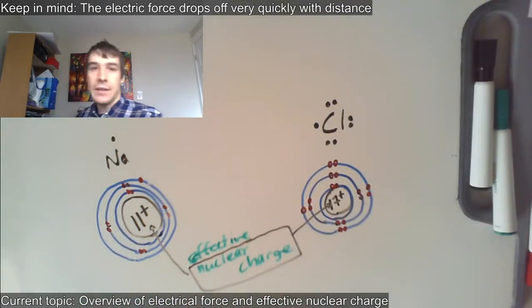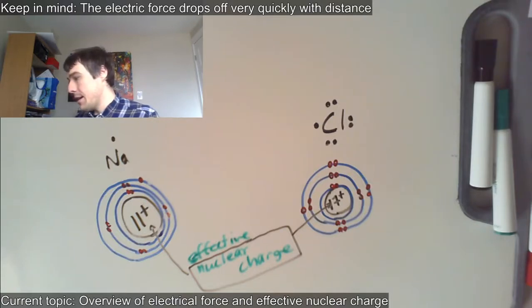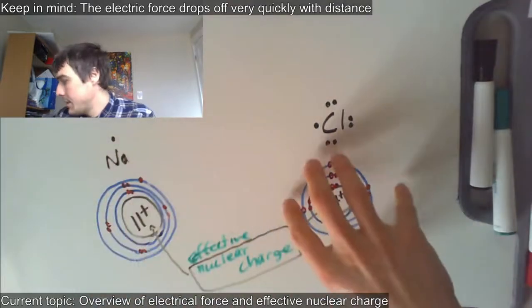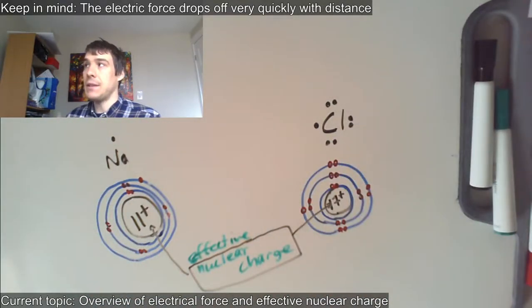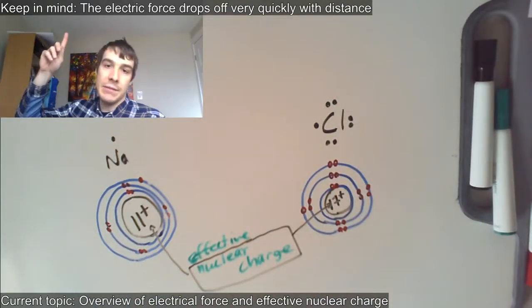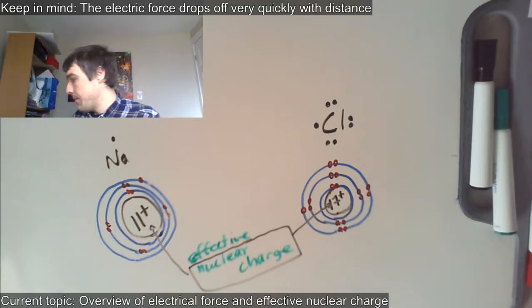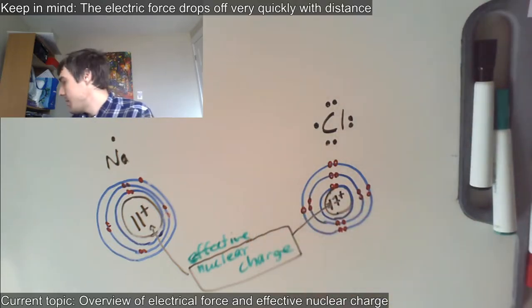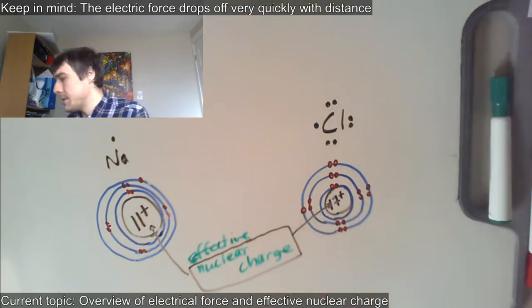So they all feel attraction to the nucleus, and the outside ones are going to feel less. Why do they feel less? Well, because it drops off very quickly with distance. And in terms of effective charge, what we need to think about is which of these electrons, outside electrons specifically, right?